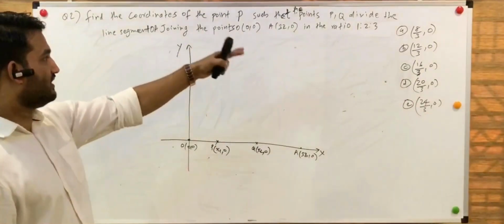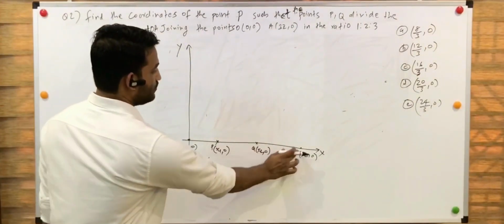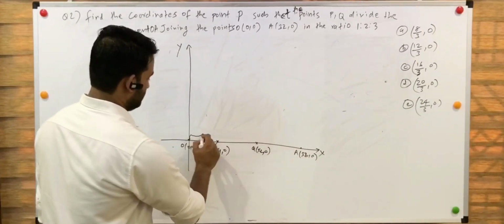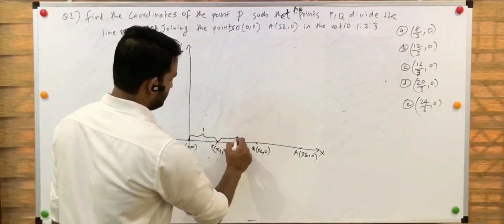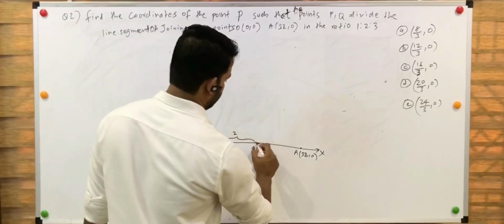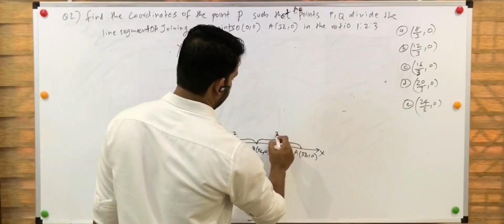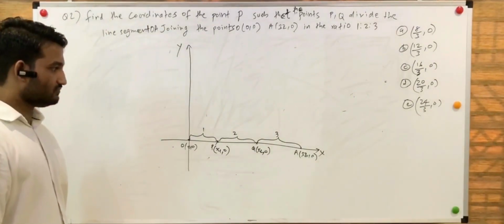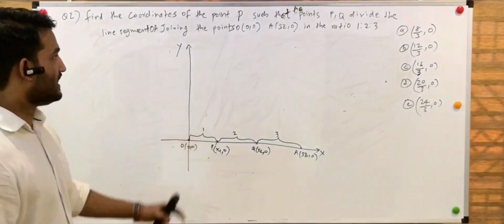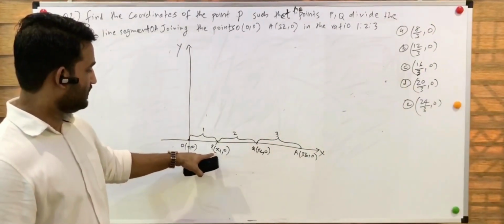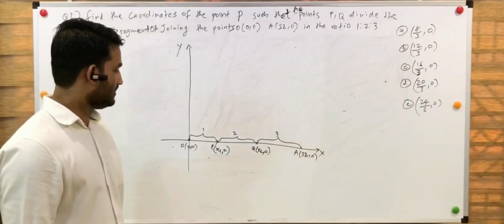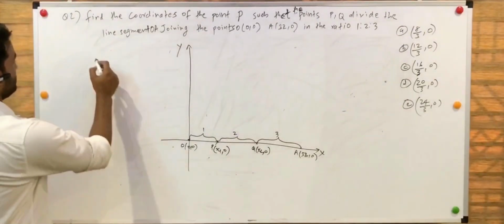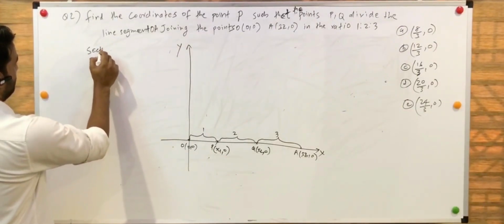And it is also given that P and Q divide the line segment OA in the ratio 1:2:3. We are asked to find the coordinates of P only. Let's see how I am going to do this. Here we use the concept of the section formula.